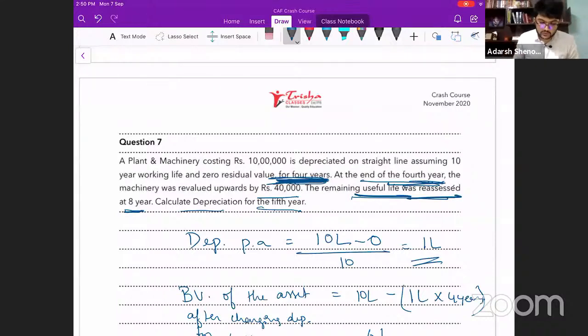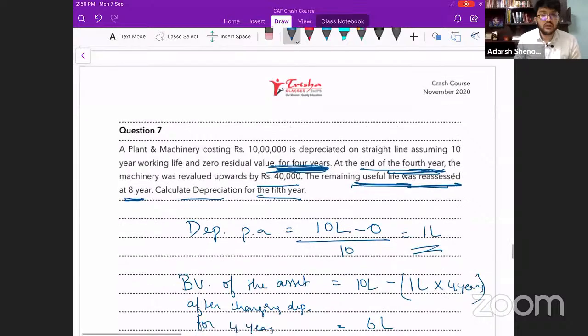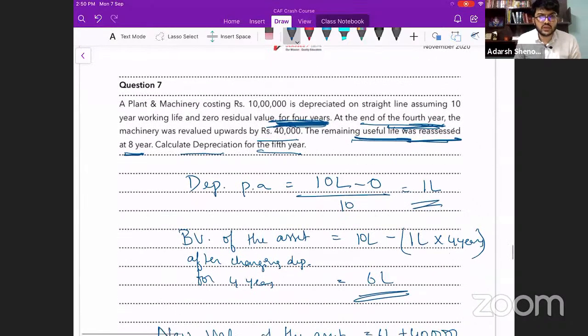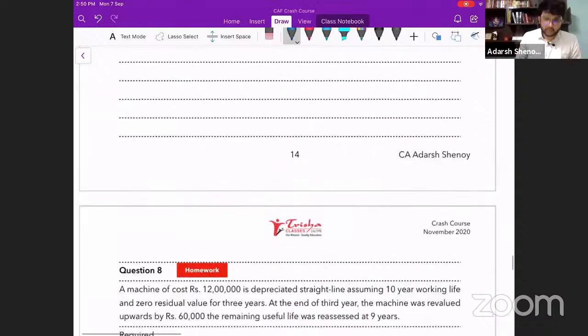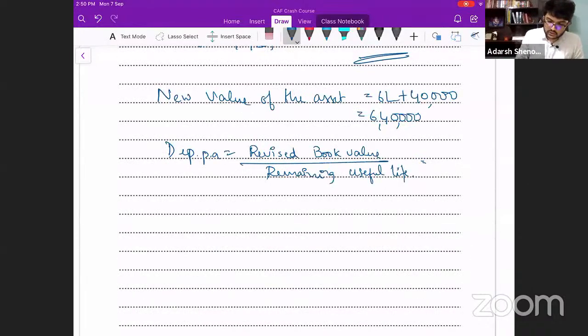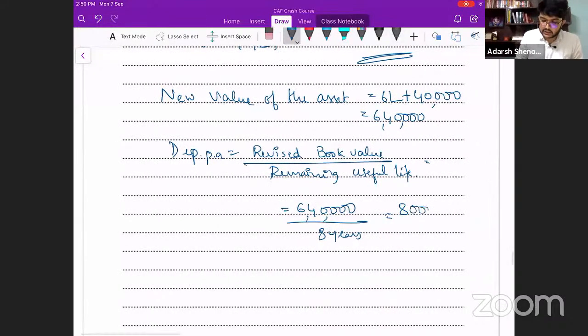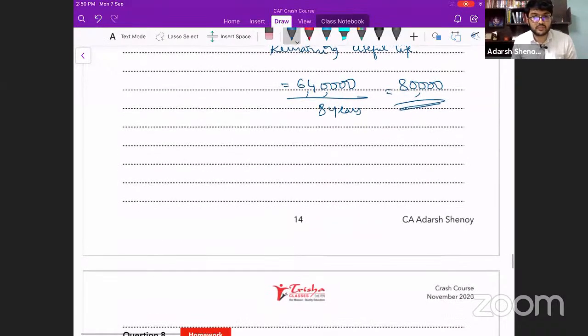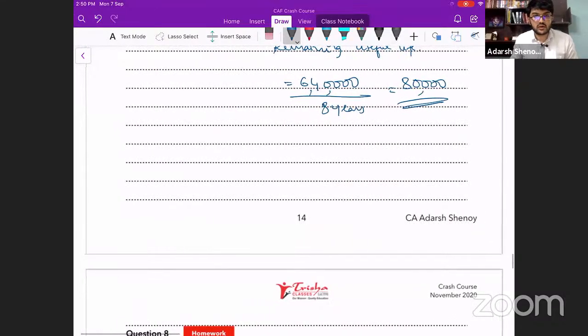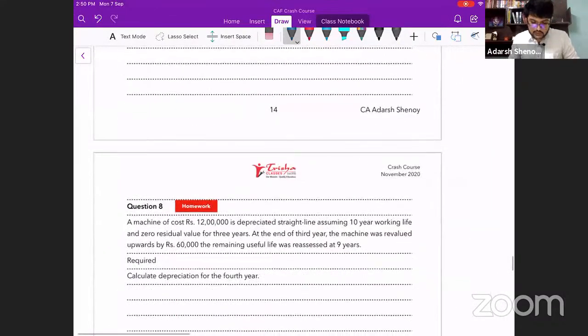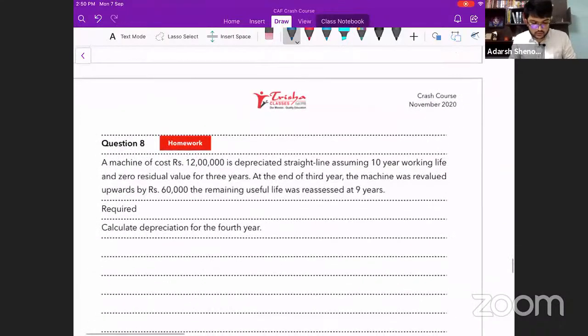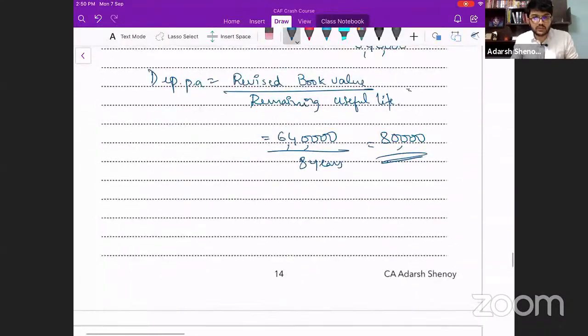The remaining useful life was reassessed at 8 more years. So the revised book value of 6,40,000 divided by 8. What is the new amount of depreciation? It is 80,000 rupees. Are you all following this? There's one similar question as homework. Can you do it now quickly?